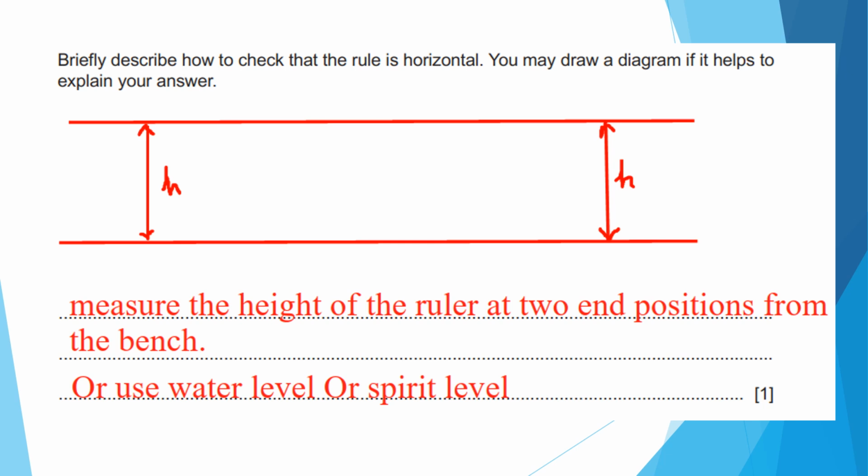You may draw a diagram if it helps to explain your answer. We can draw a diagram, or you can also explain your answer without a diagram. Measure the height of the ruler at the two end positions from the bench, or use a water level or spirit level. With these techniques we can check whether the ruler is exactly horizontal from the bench or not.